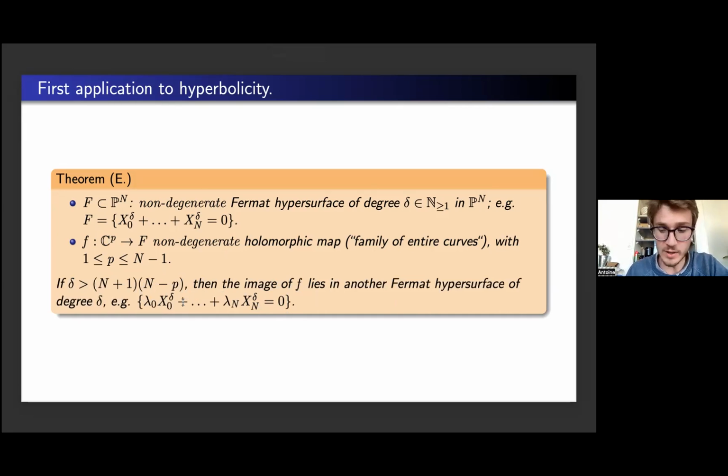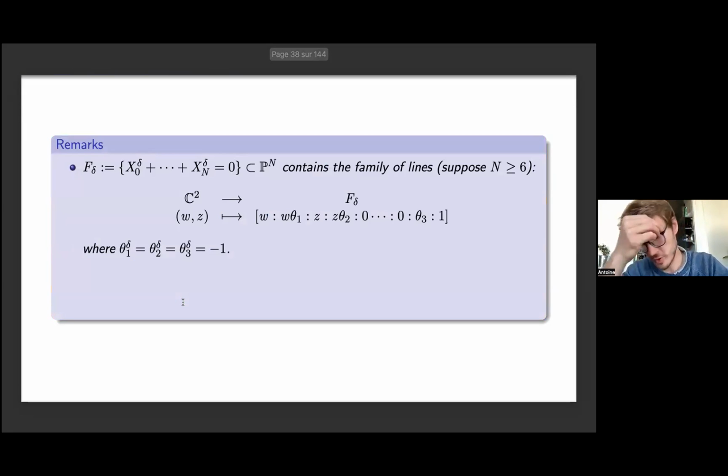So a few remarks. The first one would be that the existence of maps from C^p to a Fermat hypersurface is not complicated. I mean, it's not complicated to find some. For instance, I'll give an example for p equal 2. You take this Fermat hypersurface and you consider these maps. You take (w, z) and you map it to this, with the theta_i being lambda times the square root of -1.